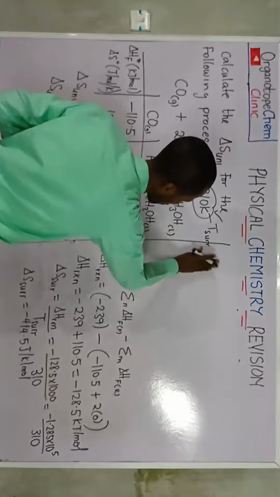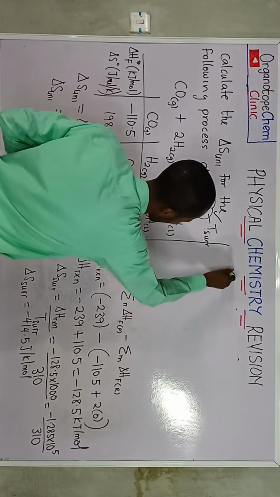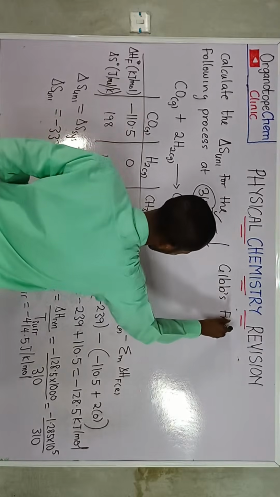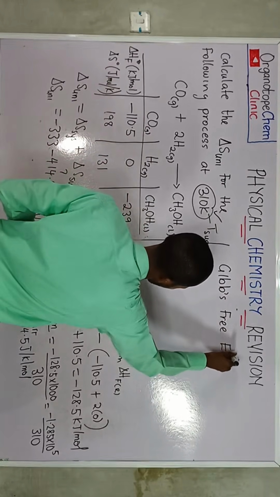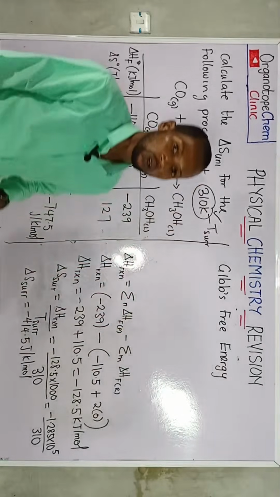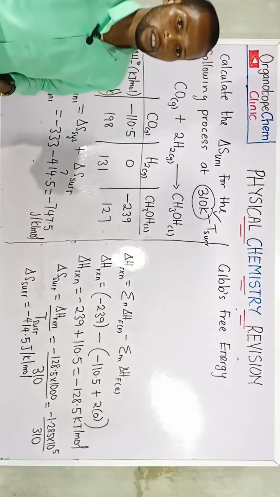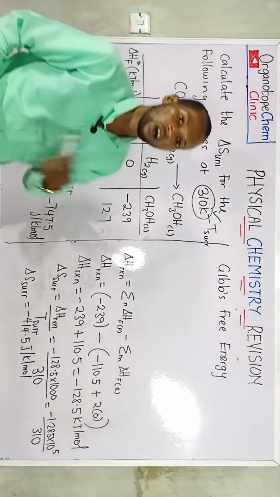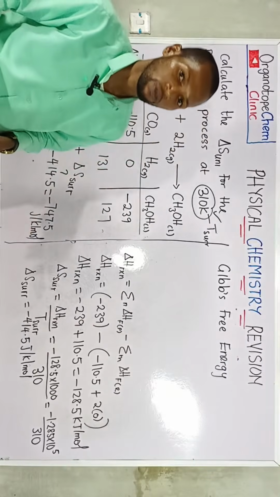Now, this will lead us to what I have as what? The Gibbs free energy. Okay? The Gibbs free energy is also a state function, because it depends on the initial and the final state of the system.